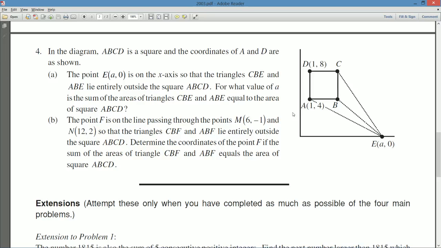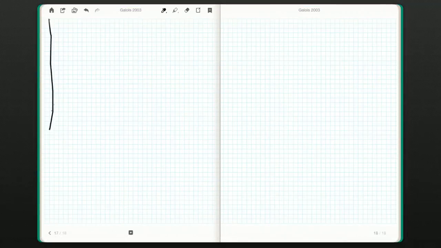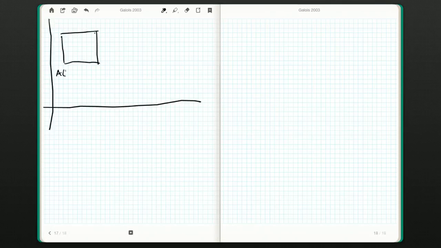So let's draw ourselves a little picture. We'll put the y-axis over here, and put the x-axis along here. So we have A, and that was (1, 4). D, that was (1, 8).